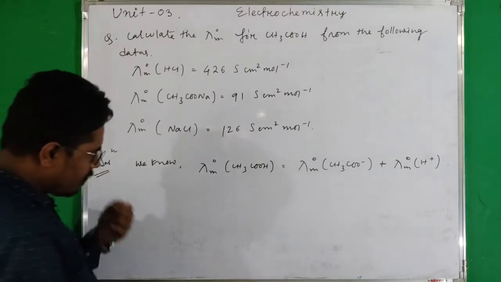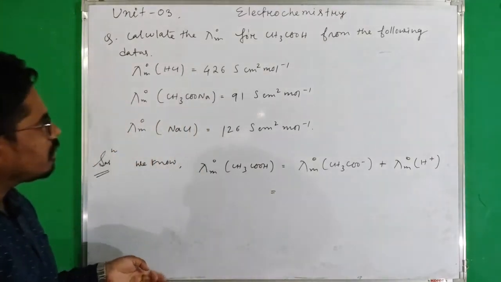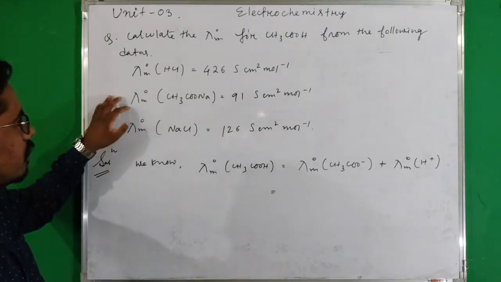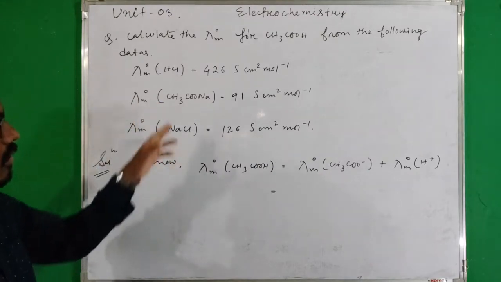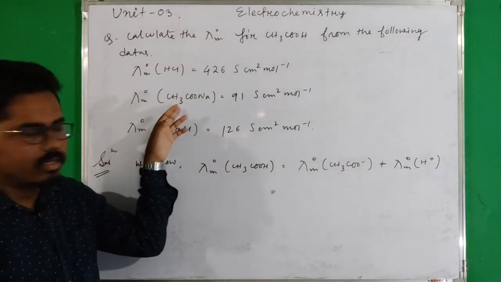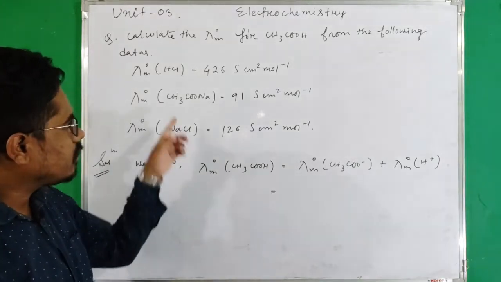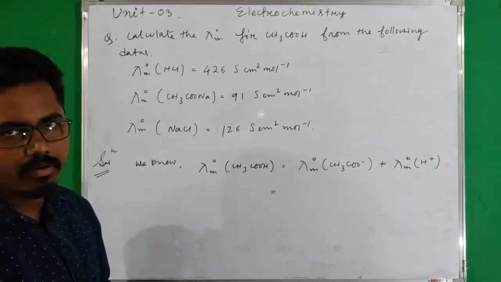From the given data, we find where the acetate ion is present. In the second data, lambda m naught for sodium acetate, the acetate ion is present. When sodium acetate dissociates, acetate ion and Na positive ion form.